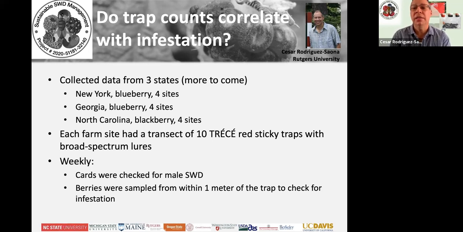This study was conducted in 3 different states, in New York, Georgia, and North Carolina, and in 2 different crops, in blueberries and blackberries. At each site, they placed 10 red sticky panels baited with Trece lures, and fruit infestation was monitored 1 meter from each of the traps.